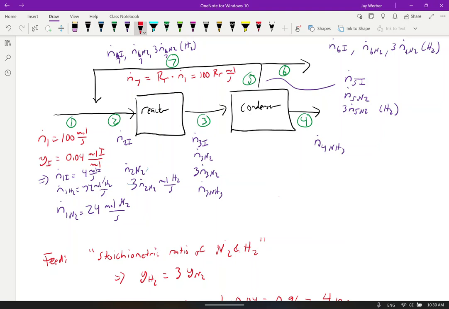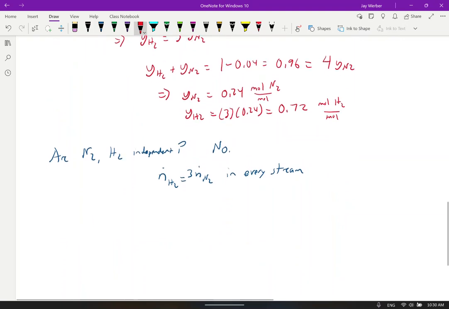All right, so we can do our degrees of freedom analysis now, sort of see what we can figure out. So we know everything about stream 1, so we probably want to consider stream 1 in our situation.